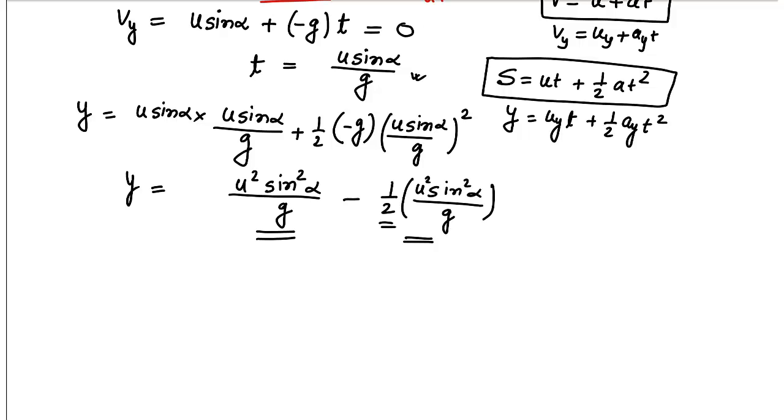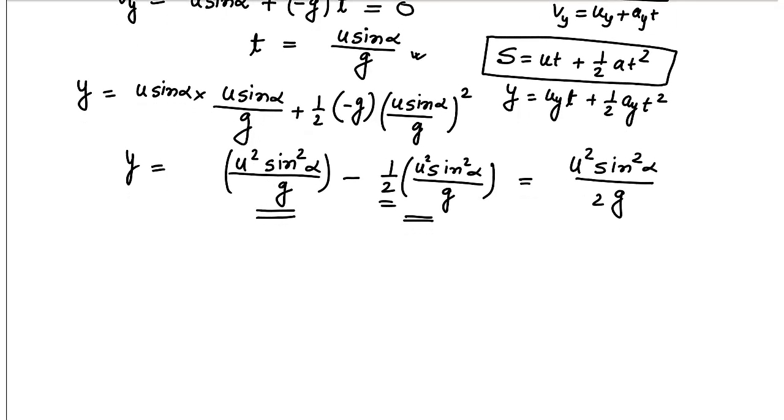So if you subtract this from this, you will get u² sin² α divided by 2g. So this is the maximum height reached by the projectile. So I can say maximum height is nothing but u² sin² α divided by 2g.